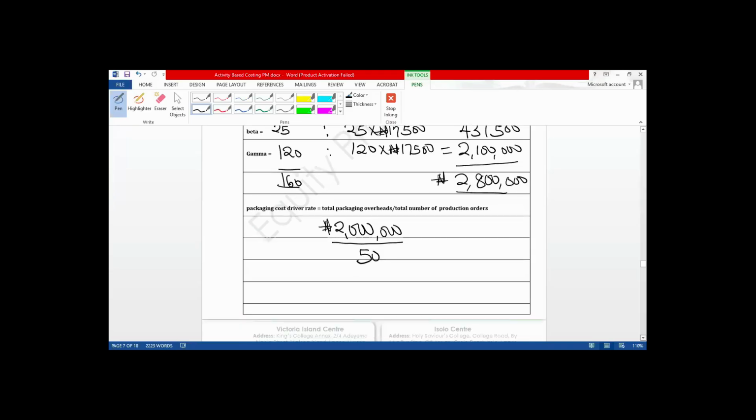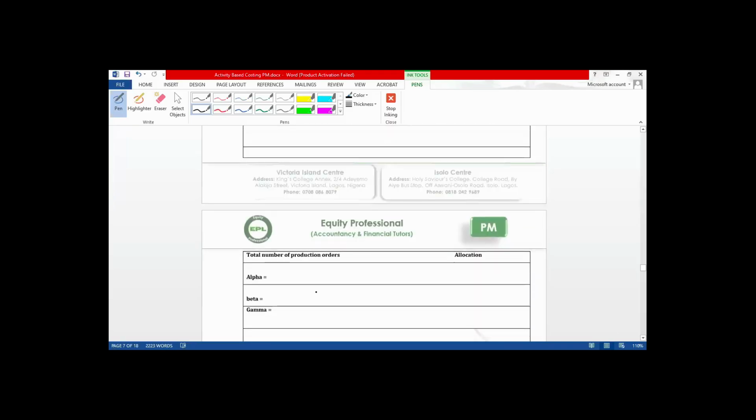Packaging cost driver rate: total packaging overhead, 2 million naira, divided by total number of production orders, 50. You can divide. 15 orders, 10 orders, 25 orders, total is 50.